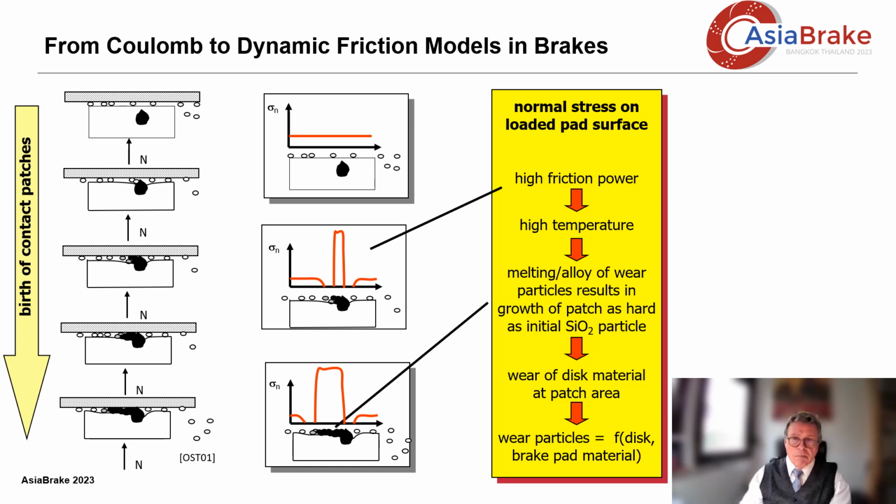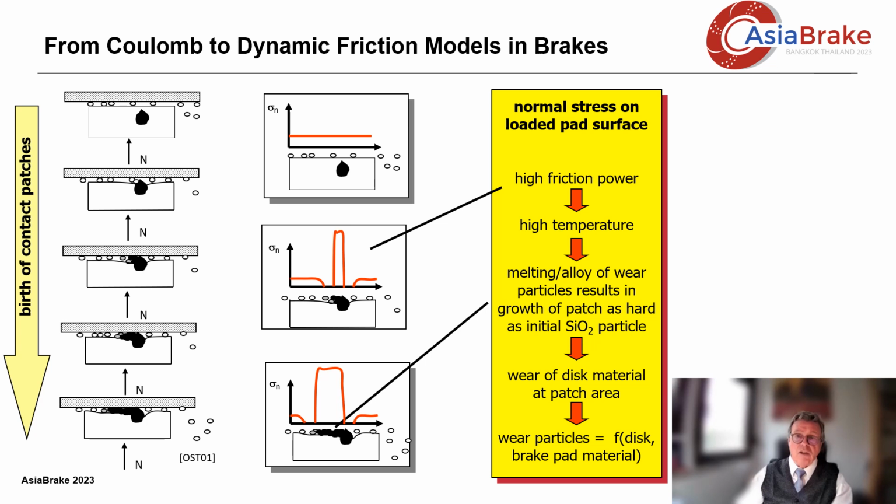The high normal pressure between sand particle and rotor causes wear also on the rotor surface. This set of wear particles from the pad and from the rotor accumulates in front of the sand rotor contact, and is compactified.